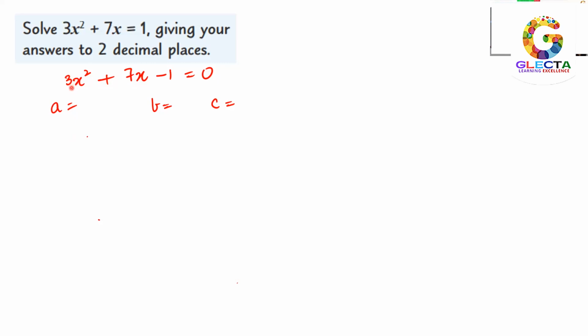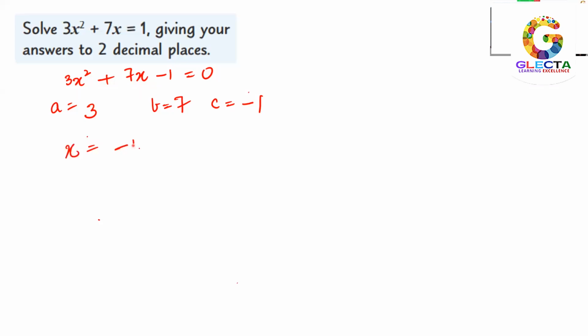What do we have with x squared? 3. What do we have with B? 7. What do we have with C? Like -1, right? C is basically the number that is not there with any other letter. All right, that's -1.